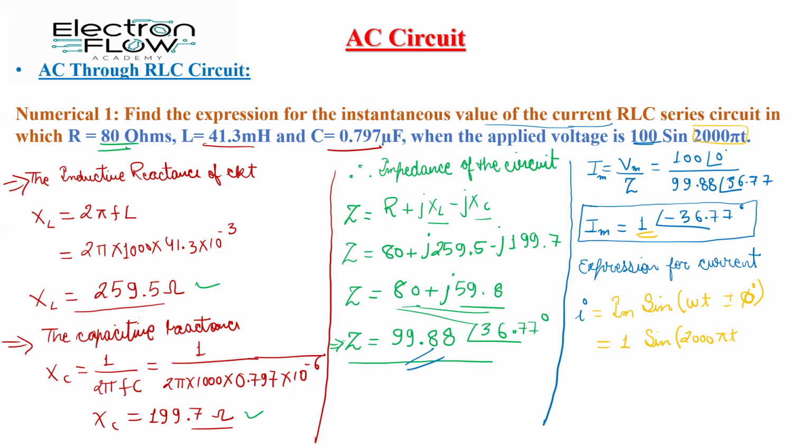We have phi in the negative form, so minus 36.77 degree. This is the final answer asked in the question, the expression for the instantaneous value of the current.